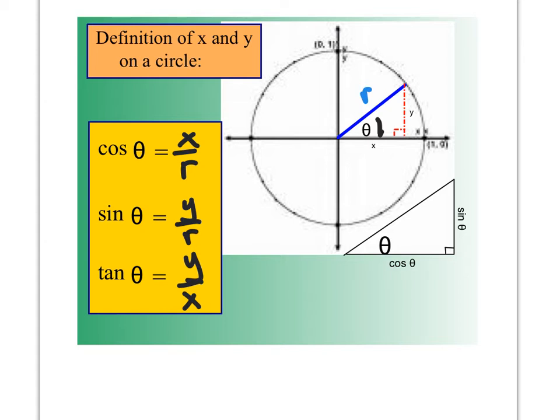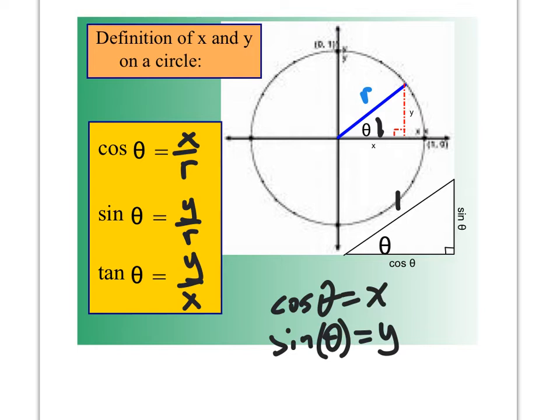Now if the radius is 1, then the cosine of theta equals x over 1, the sine of theta equals y over 1, and the tangent of theta equals y over x. Some basic stuff there with right triangles in the unit circle.